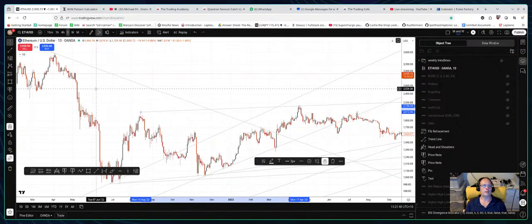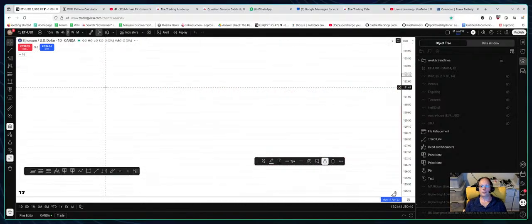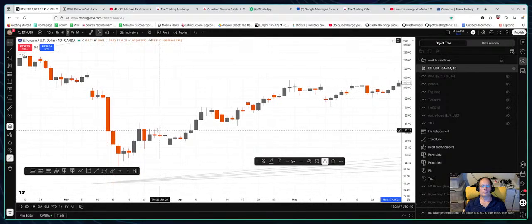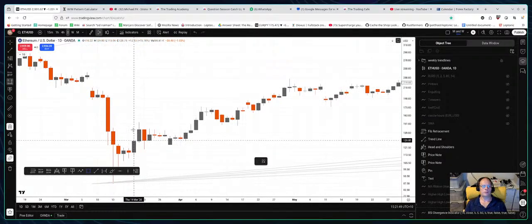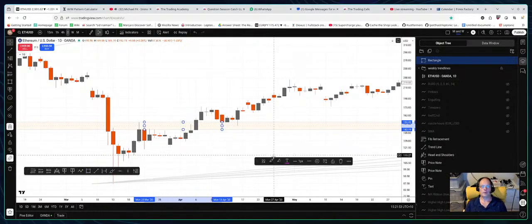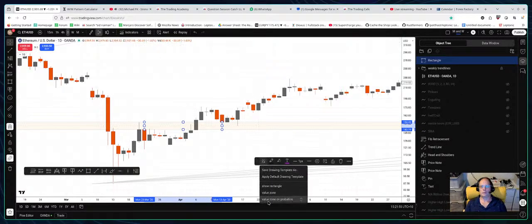So now we go to daily, and we go back to the beginning of time again, and we look for value gaps like this one. Value zone.